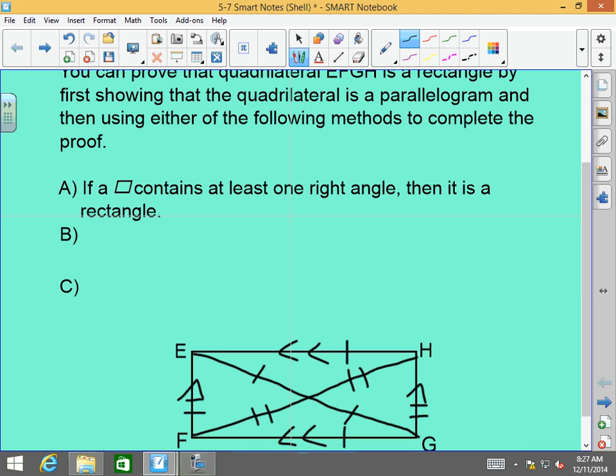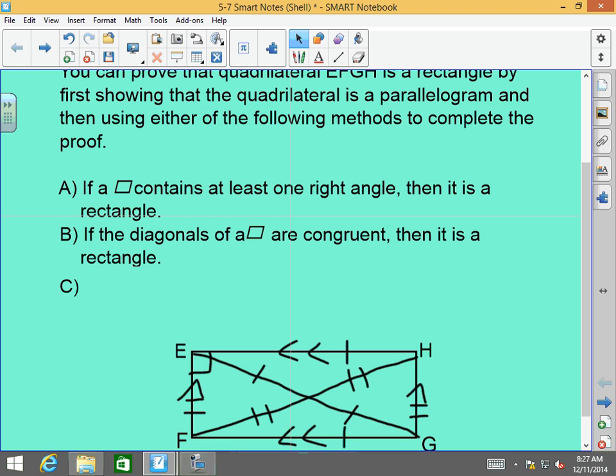If at least one pair of opposite sides are both parallel and congruent, or the diagonals bisect each other, that's it. That's a parallelogram. And if a parallelogram has at least one right angle, then it's a rectangle. Done. Period.